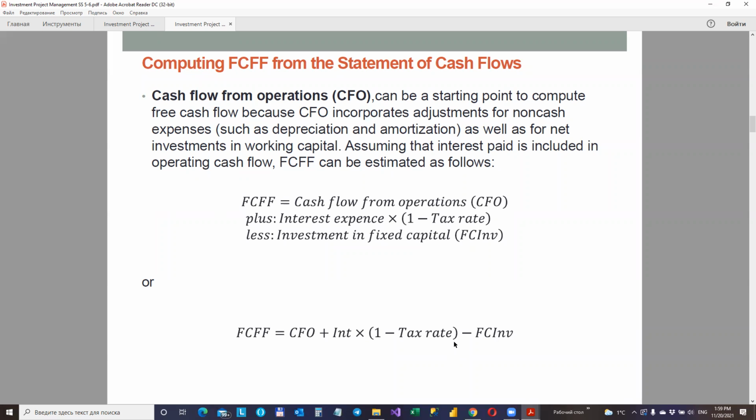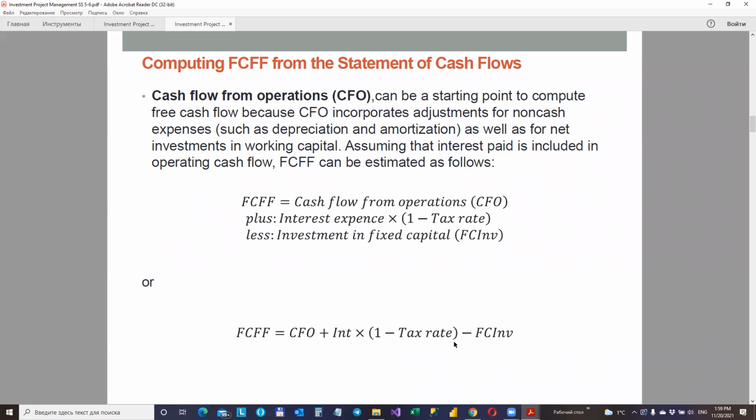In most cases, companies include interest paid as a part of operating cash flow. Under US Generally Accepted Accounting Principles, or GAAP, companies must include interest paid in operating cash flow. Under the International Financial Reporting Standards, IFRS, companies may include interest paid in either financing or operating.